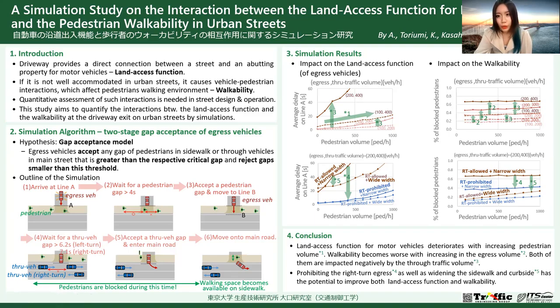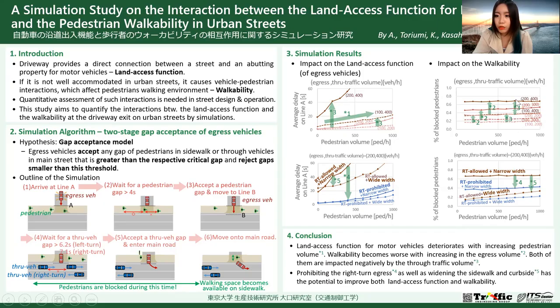And it can also be observed that the average delay on line A becomes more sensitive to the pedestrian volume when the egress and the through traffic volume are very high, just as the dark red line shows. And then let's see the right figure, the percentage of the blockaded pedestrians. We could say that the walkability becomes worse with the increase in the egress volume, just like the reason 2.